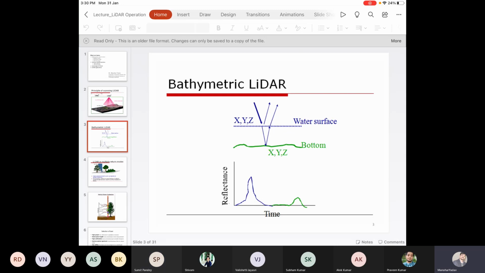What is the spectral signature of water in the NIR band? Do we not get enough reflectance from the water in the near infrared band?